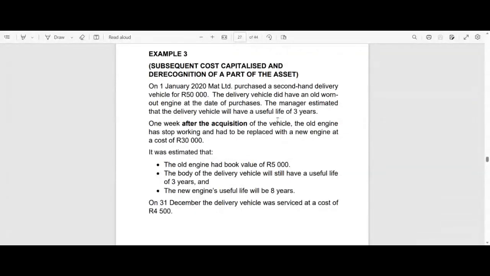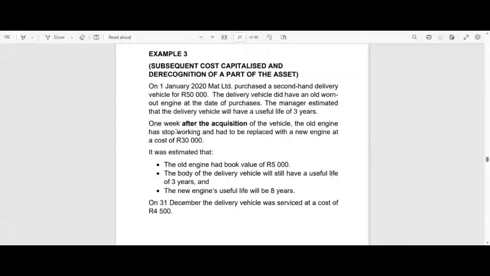The manager estimated that the delivery vehicle will have a useful life of 3 years, right? So we've got a cost or a purchase price of 50,000 rands. There are no other directly attributable costs. So that means our total cost is also 50,000 rands, and we estimate the useful life to be 3 years.